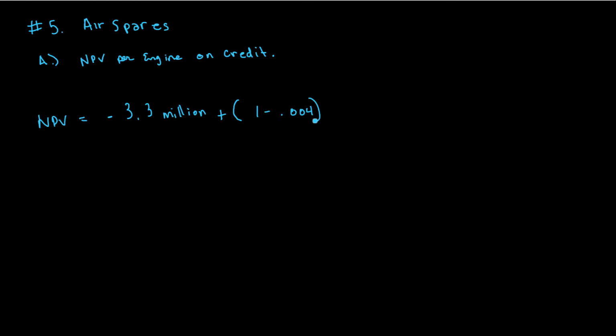Okay, this 1 minus 0.004, that's the default probability, right? They said 1 out of every 250 customers we don't collect on, when we do this kind of arrangement.